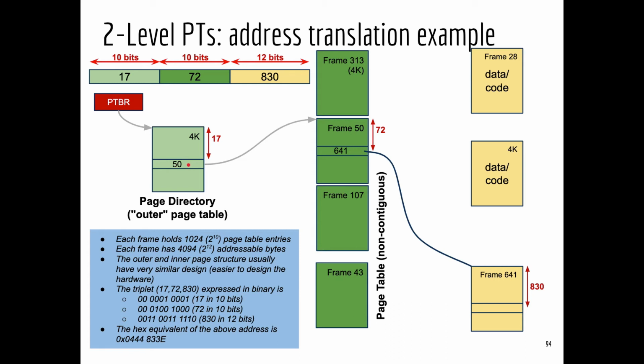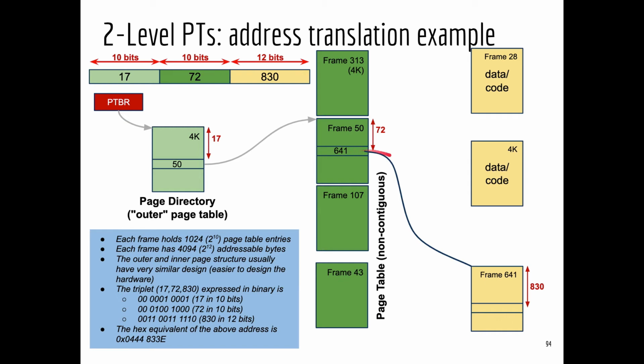So the MMU will fetch frame 50, which is the inner page table, and then number 72 will be used as the index into the inner page table. In our example, we see number 641, and that number tells us that the data or instruction referred to by this logical address is actually found in frame number 641.